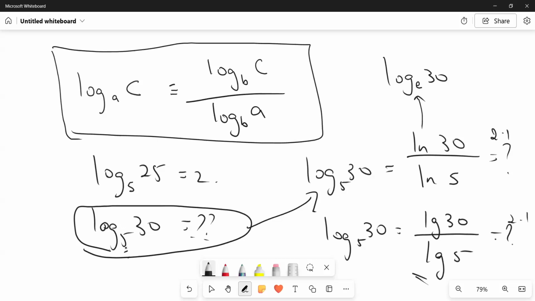And what you could do, try now with 5 raised to the 2.1 power. Can your calculator do that? See if you'll get roughly 30. Raise 5 to the 2.1 power and see if you will get 30. You should get near 30, 29 point something.